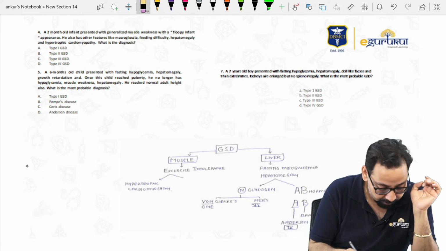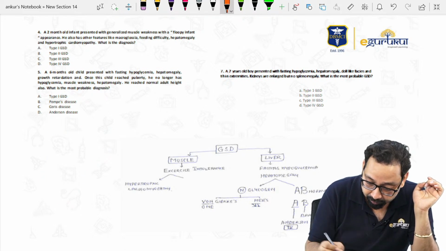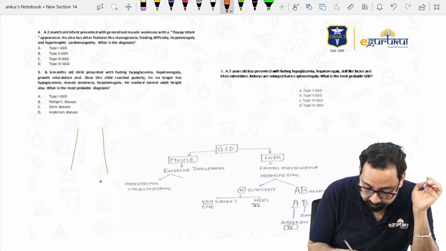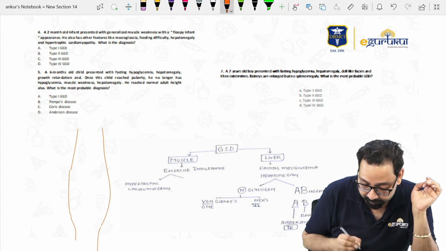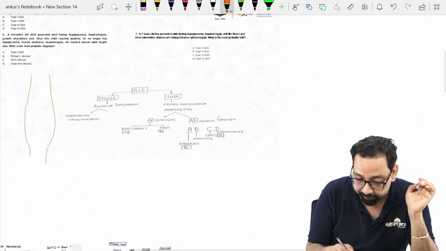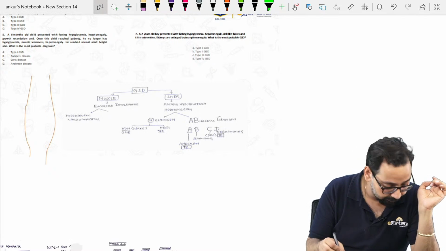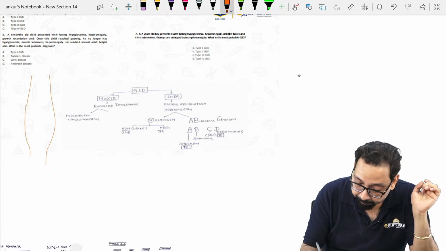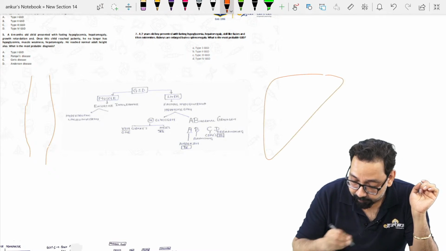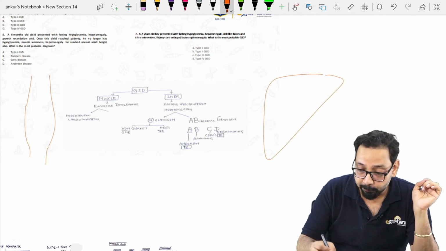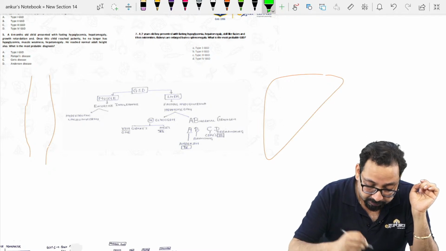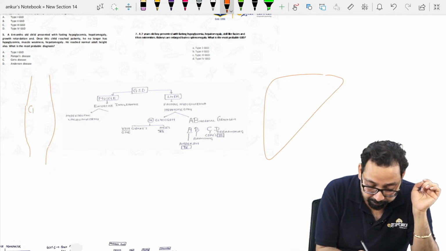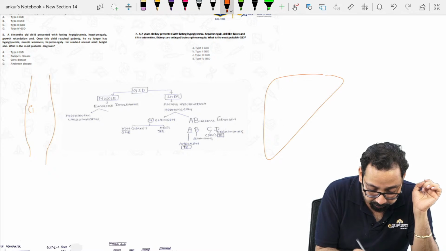One is muscle glycogen storage disease. Let me draw it like this: muscle glycogen, and this is liver. I will give you the handouts of these on the Telegram group. Okay, so we found that this muscle has glycogen.